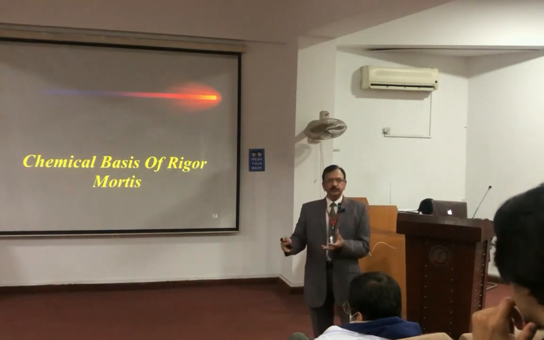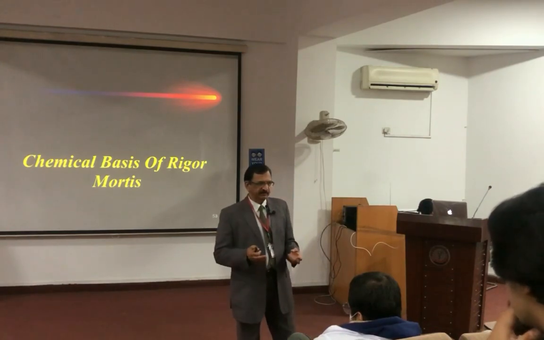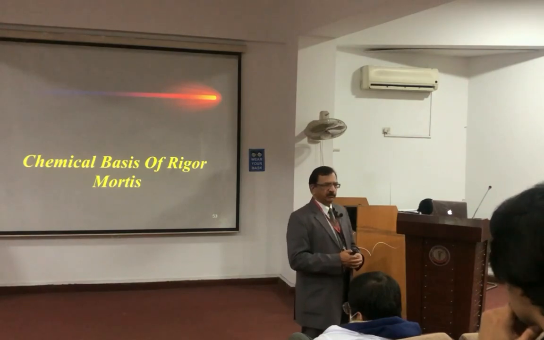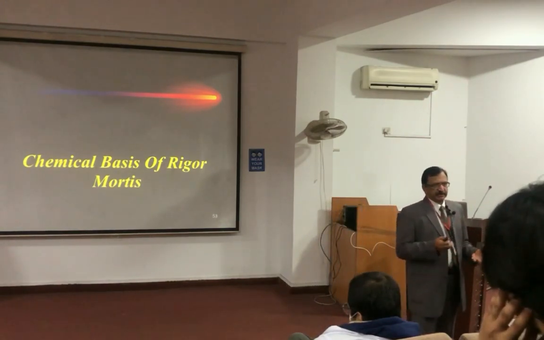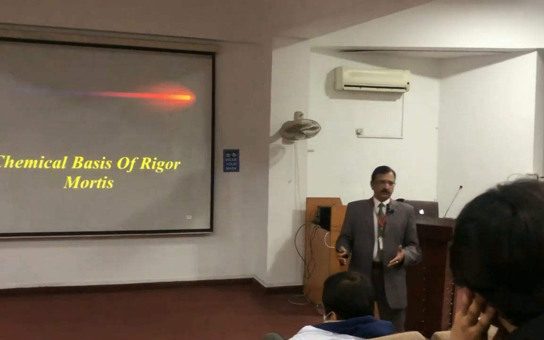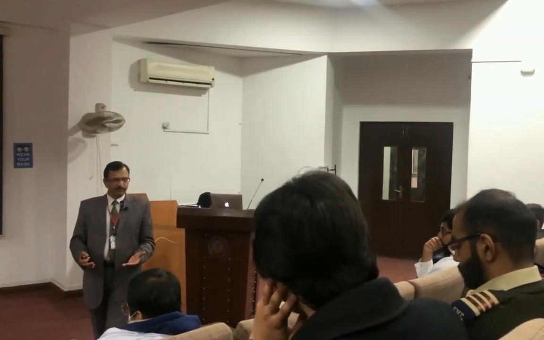It is not accumulating, whereas after death, when the lactic acid is produced by anaerobic glycogenolysis, it will accumulate. Because for metabolism, on one end pH is required, then the temperature is optimum.